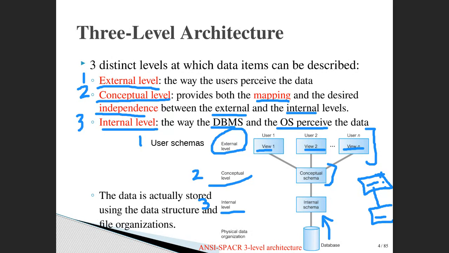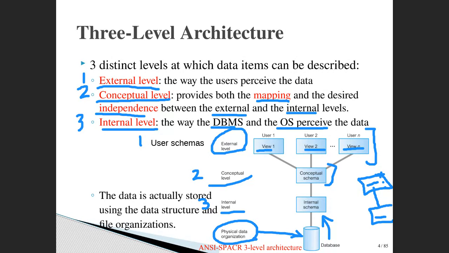Under the internal schema, there will be a physical representation of the data in the database system. So this is how we can describe the three-level architecture. So got the point?